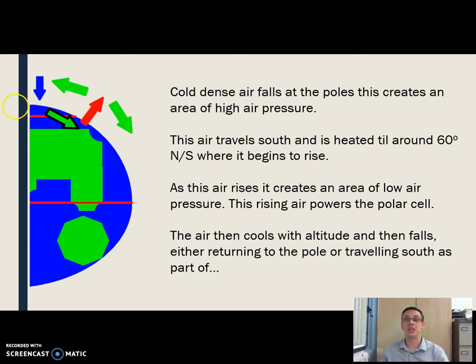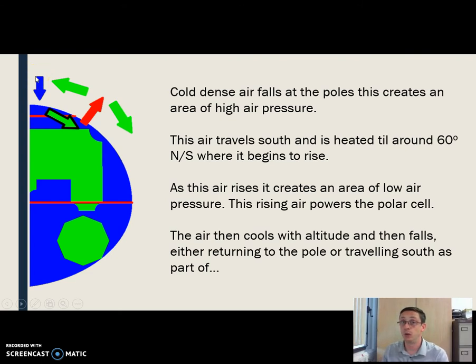I'm not saying that 60 degrees north is warm, but it's warmer than 90 degrees north at the poles. As it gets heated here, this air starts to rise, and again, same as in the Hadley cell, when it rises, it cools, and it splits and goes north or south. The air that goes north comes back up to 90 degrees.